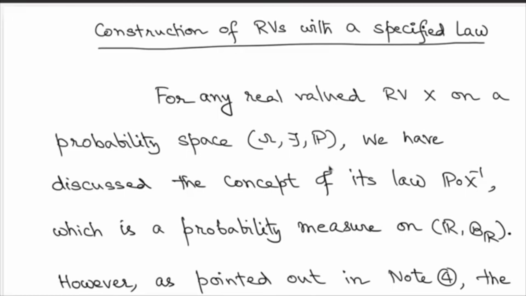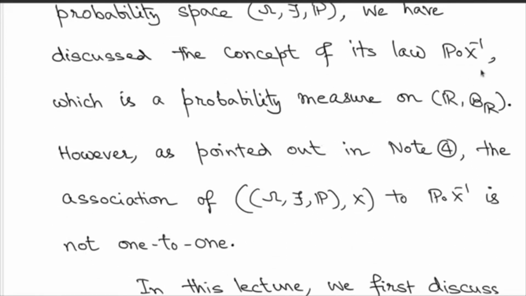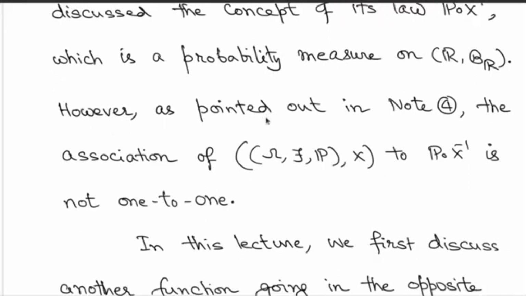For any real valued random variable defined on (Ω, F, P), we get that the law is defined on (R, B(R)), and it's a probability measure. But remember this association: whenever you start off with a probability space and a random variable and go to its law, which is a probability measure, that association is not one to one.